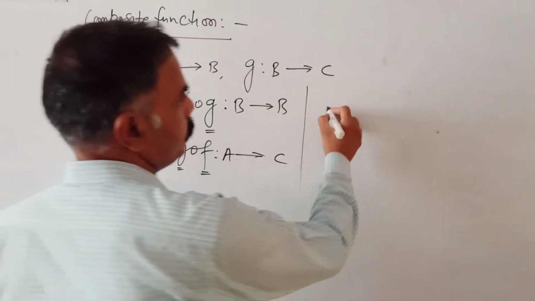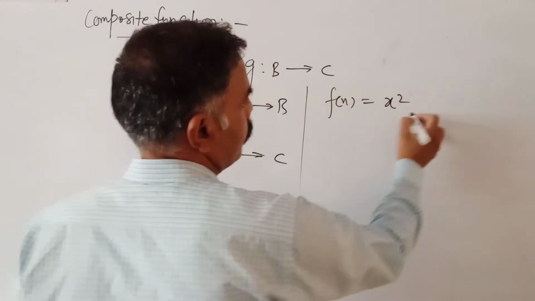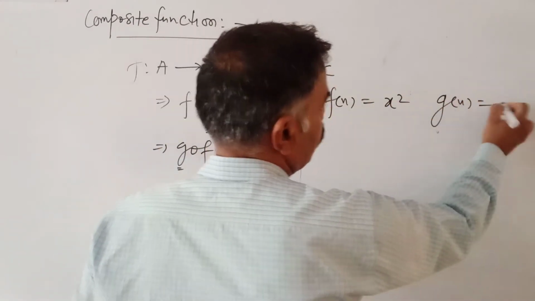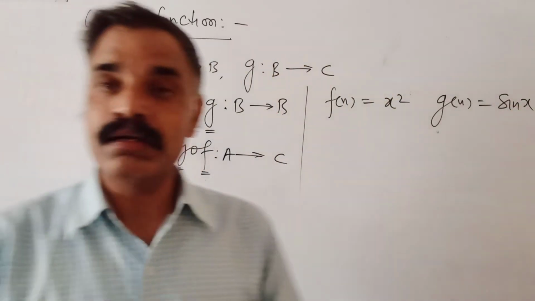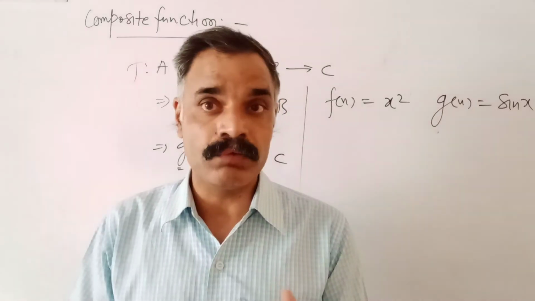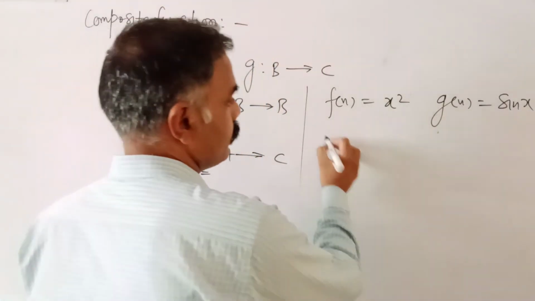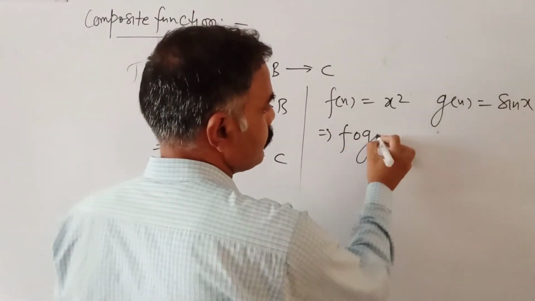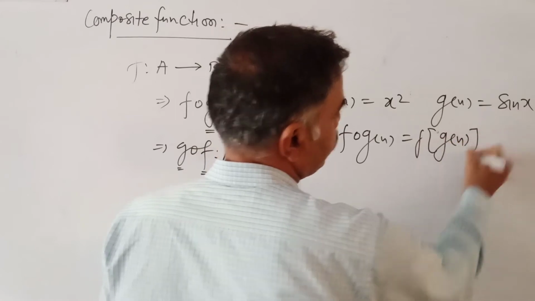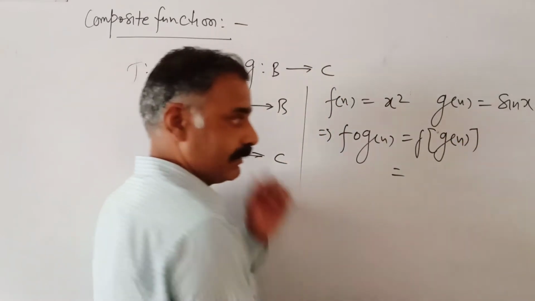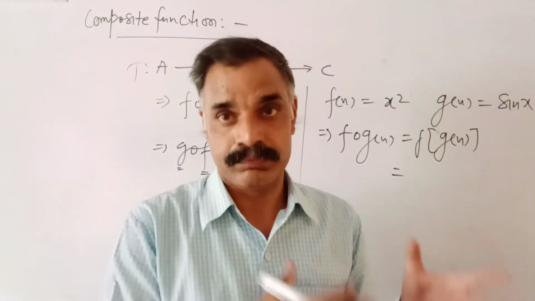Now suppose we are given two functions, f(x) equals x square and g(x) equals sine of x, and we want to find the composite of the functions. So fog of x equals f of g(x). Here g(x) will be treated as the element for f.